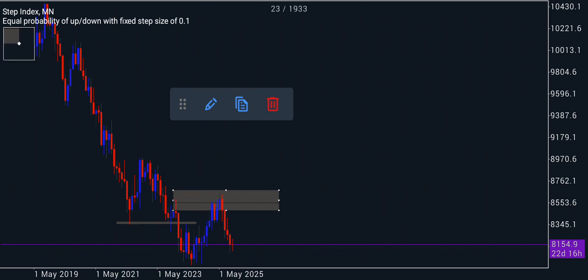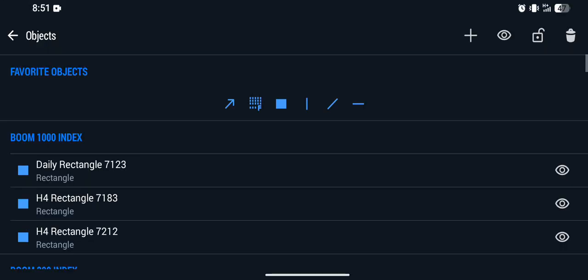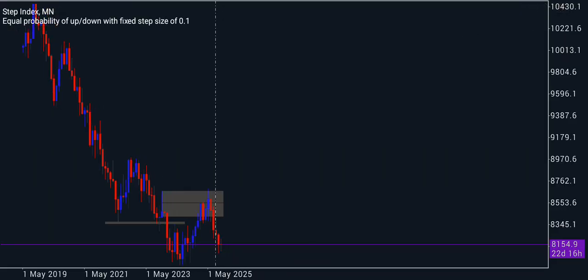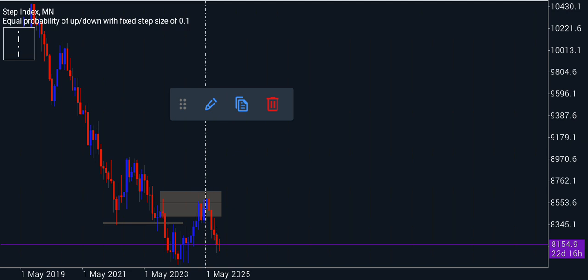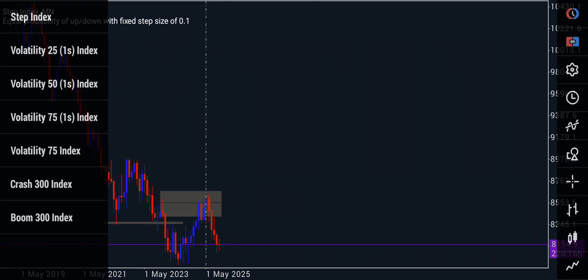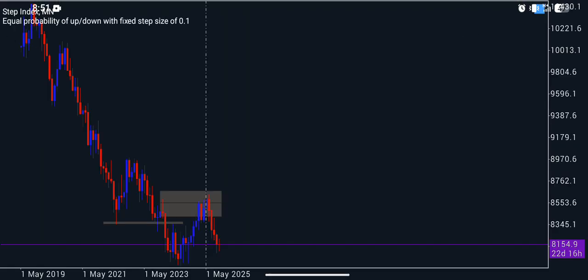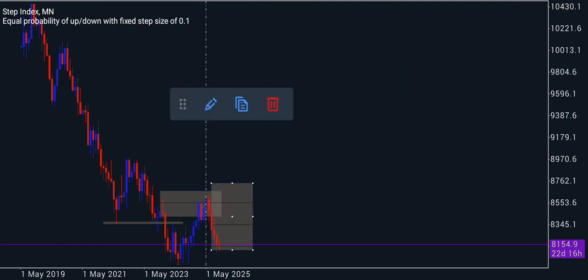Market came to test this zone perfectly, and we are now pushing to the downside. What I usually do is I will now put a vertical line here. My area of concern now will be our downward movement for these past 4, 5 months. That is my concern.